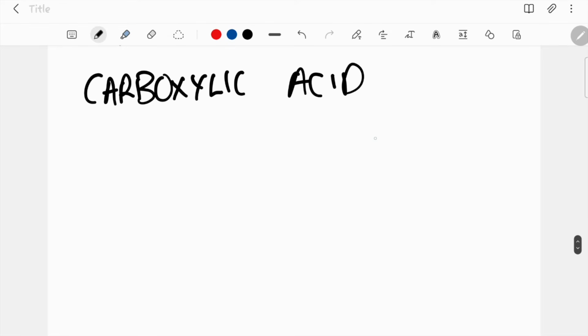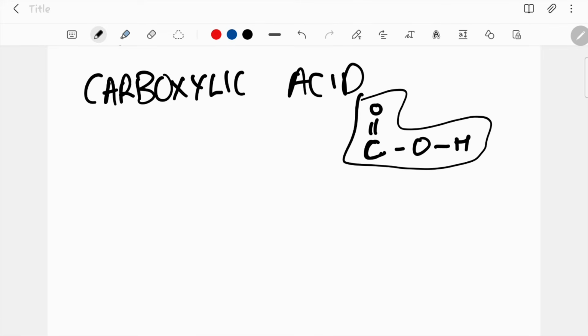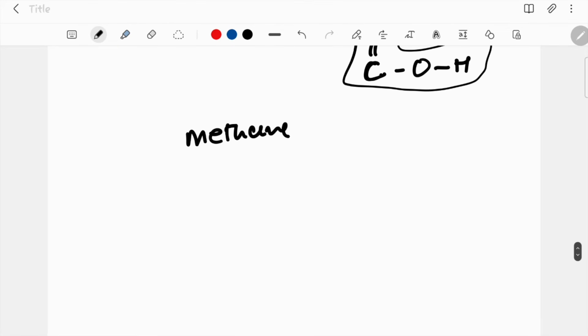For carboxylic acids, in the end, the last carbon just has this and then this. This is the group. This is a carboxylic acid. So if I have methane and I want to make it a carboxylic acid, I will draw meth with one carbon, but instead it will become like this.